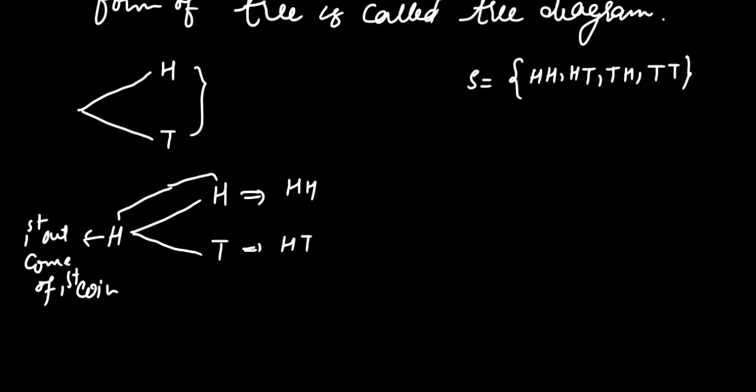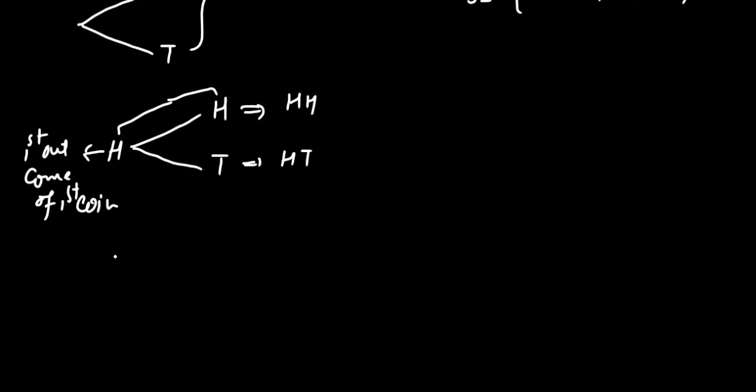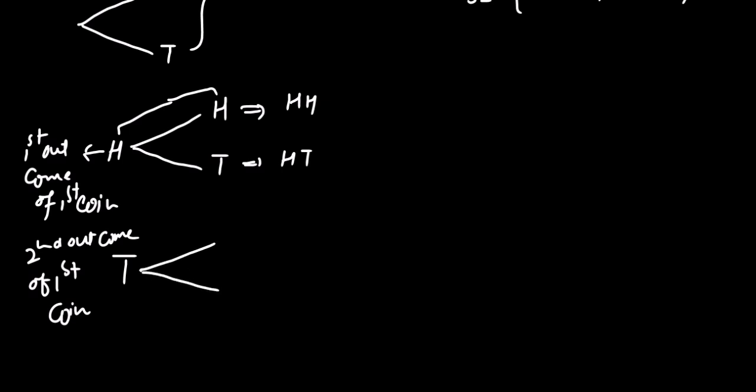Similarly, this is the second outcome of the first coin, which is tail. Now, when you join this with the outcomes of the second coin, which are head and tail, from these branches you have these possible outcomes: tail head, tail tail. So you can notice that from this tree diagram, these are four possible outcomes.